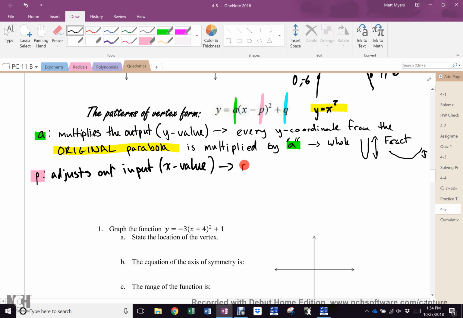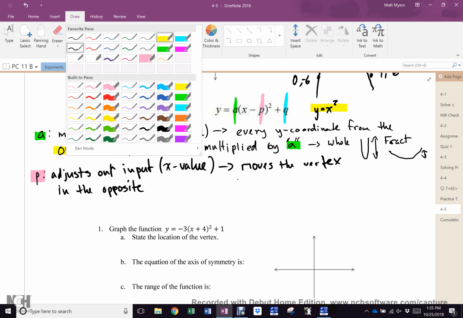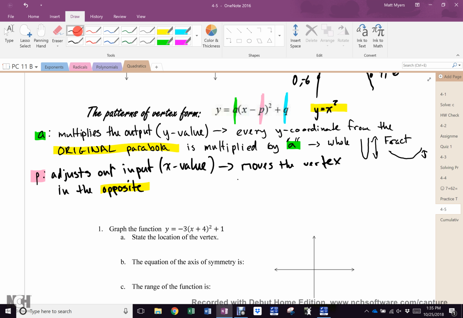It moves the vertex in the opposite direction of the sign.